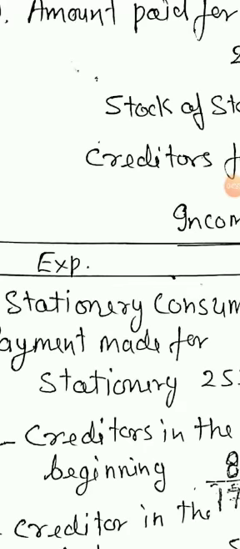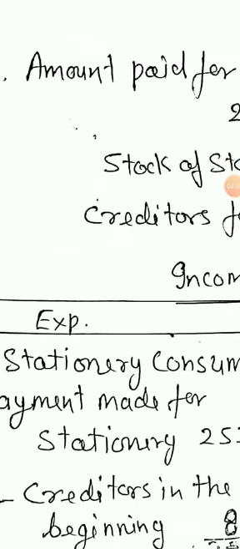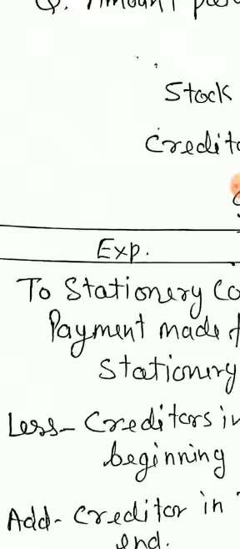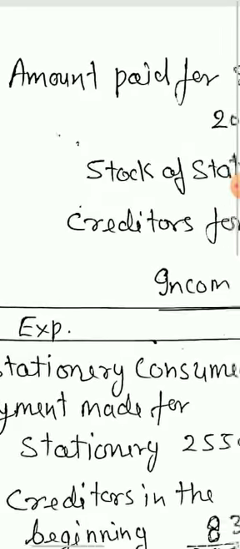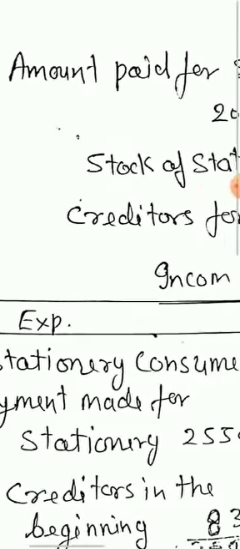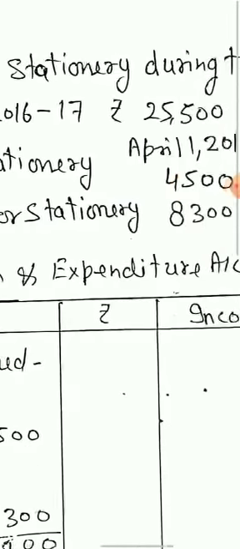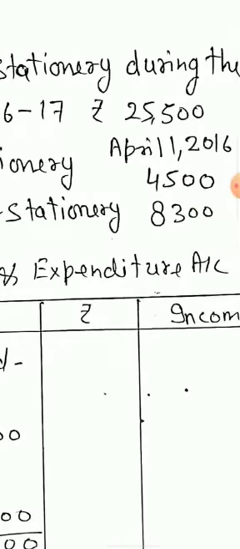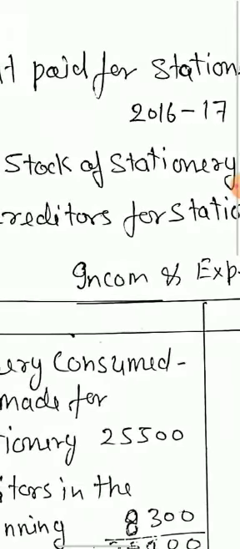Okay, now see, to understand how to present the consumable goods in the income and expenditure account, we are taking one question. In this question, amount paid for stationery during the year 16-17 is 25,500.